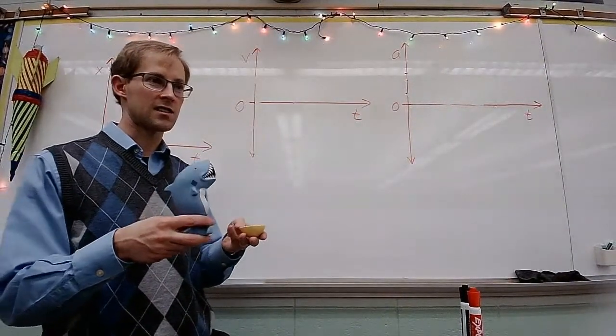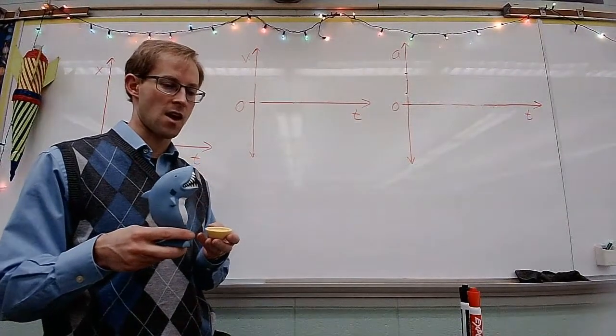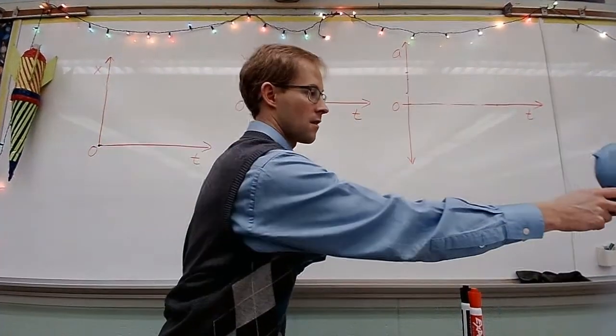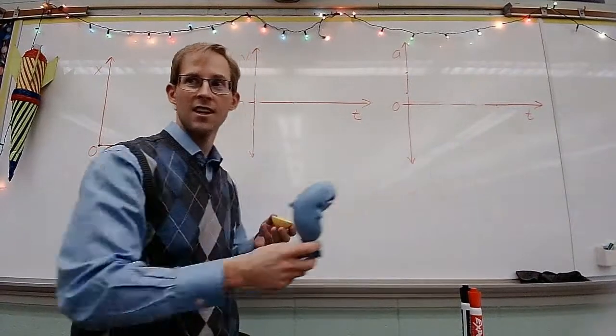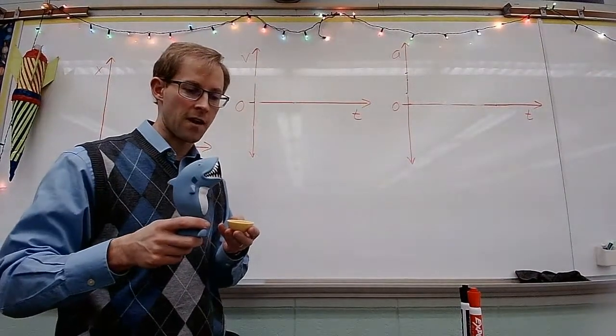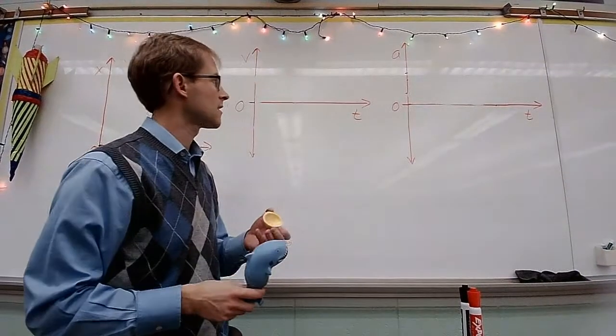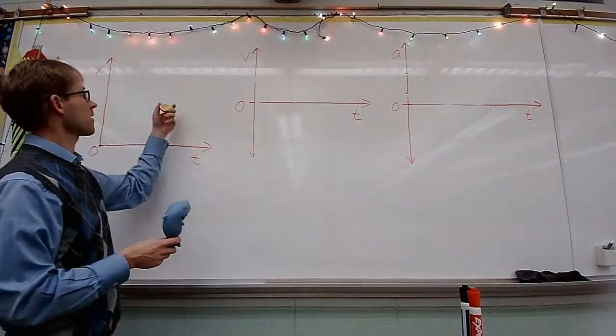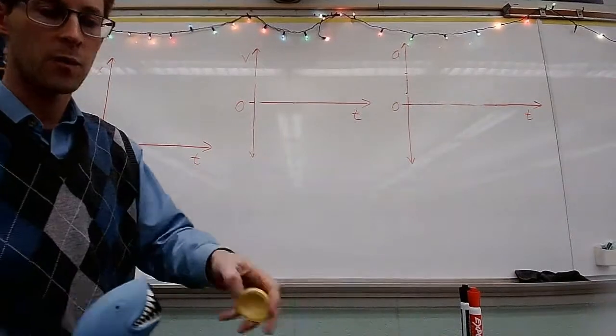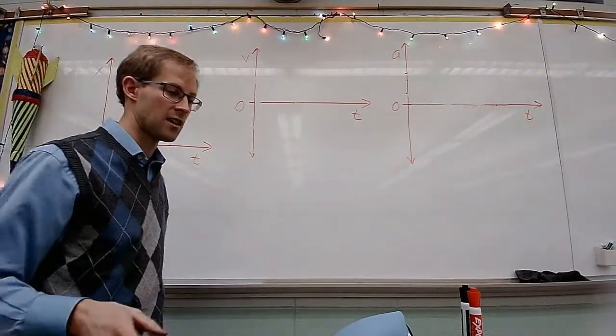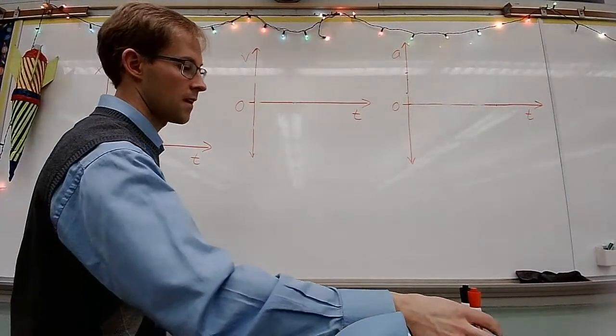So in this case, time begins right now. Time stops. So he starts out with a fast speed, but then he slows down. And let's see if we can figure out how to put that on our position, velocity, and acceleration time graphs.